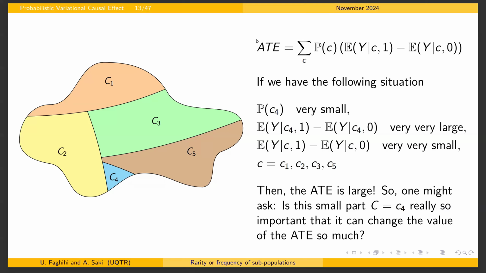So basically, the ATE that is introduced in causal inference is not capable of accounting for this type of problem, which means that if my subpopulation is small, but its causal effect is very big, how can I calculate this? And this is what we are addressing in this discussion.